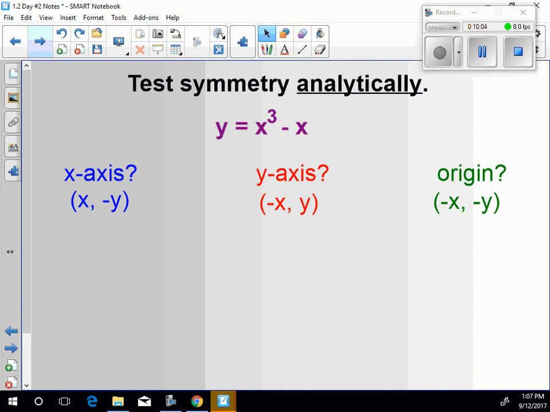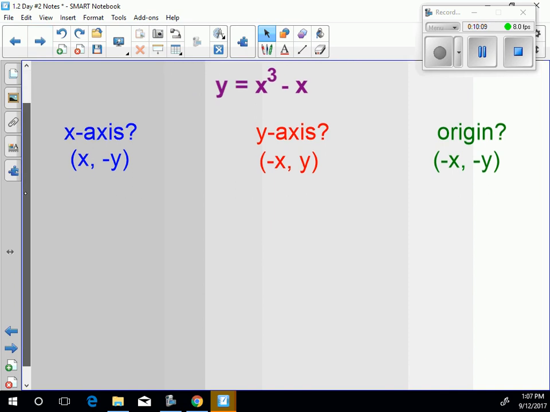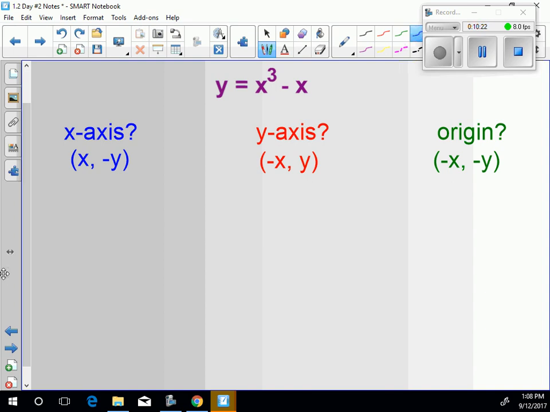This might take a moment for you to understand. But here's what I'm going to do. That's blue, not purple. Okay, blue. What I'm going to do is plug in just x and negative y into the original, and see if I get the original back. It's not going to happen.